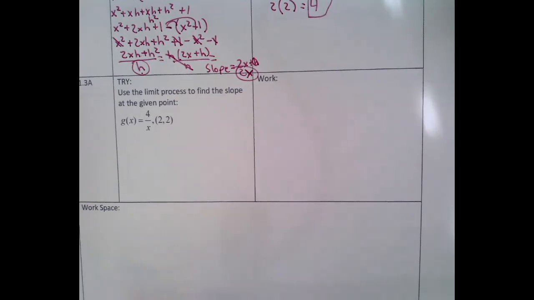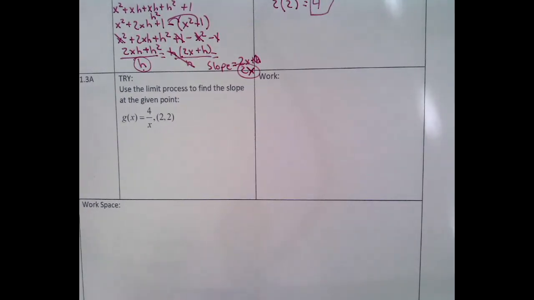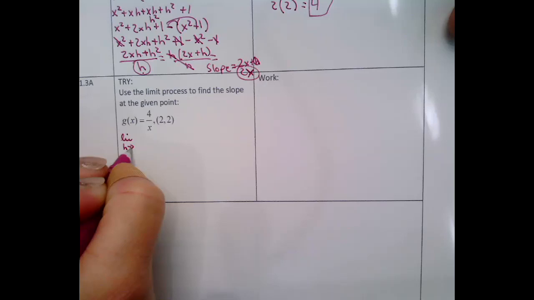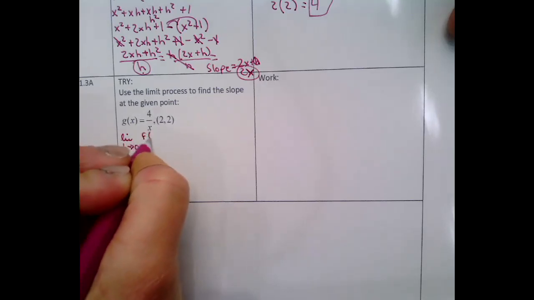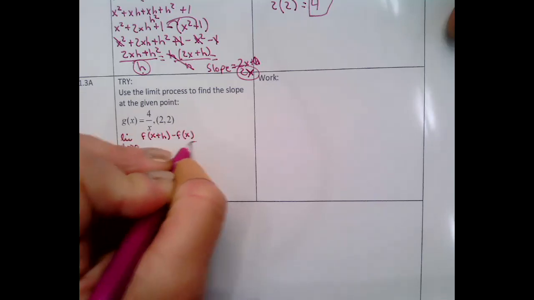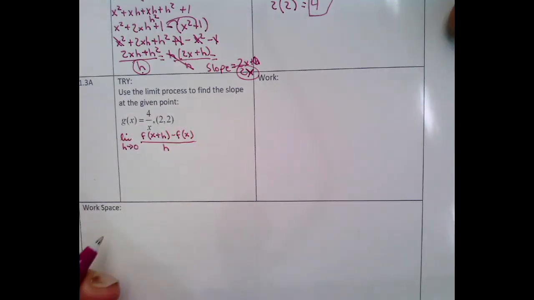So this one right here says use the limit process to find the slope at the given point. Okay, so we're going to do the exact same thing that we just did. All right, so let's see. So we're going to find the limit as h approaches 0 of f of x plus h minus f of x all over h.